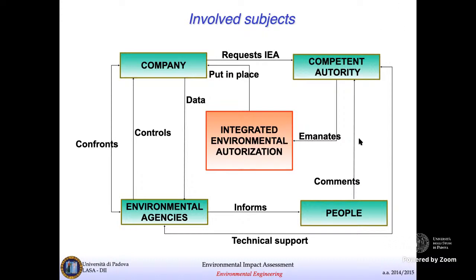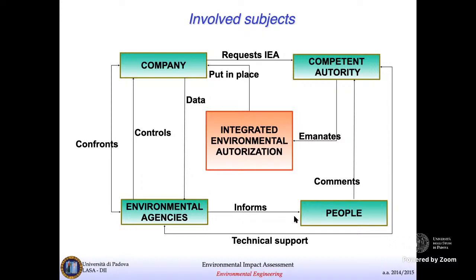When the competent authority interacts with the population, the environmental agency also interacts with the company and with the population. Better, the environmental agency confronts and controls the activity of a company, which is obliged to provide data on its production process to the environmental agency.